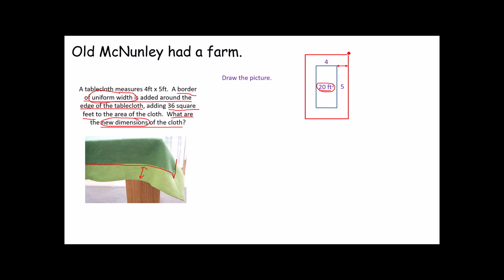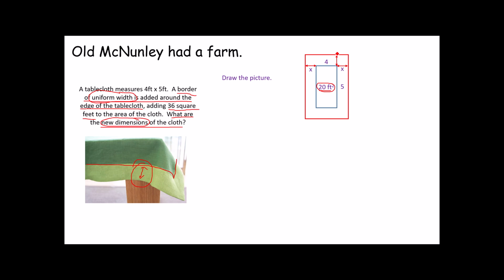Notice the uniform width says the distance from here to here, or in the case of the green tablecloth, the distance from here to here is always going to be the same. That's the definition of uniform width. So I'm going to call it X. Over here on the other side, because it's uniform width, this is also X. Notice that from here to the top, it's uniform width.